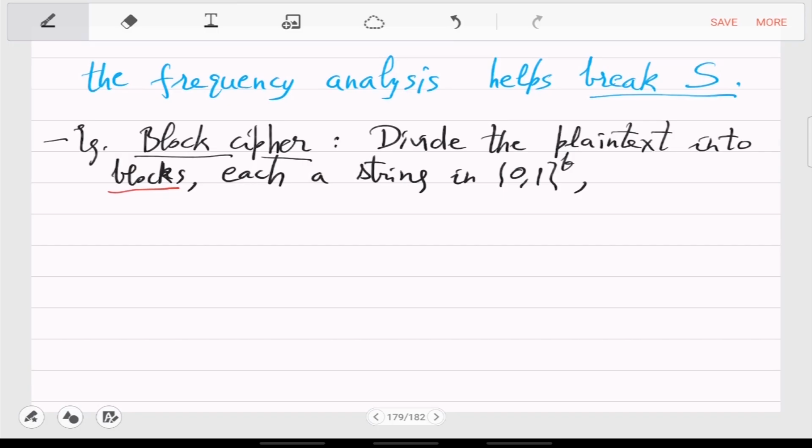So if the message length is n, then there are n by B blocks, and you come up with a complicated map which sends, let's say, the first block to something and the second block to something. So it's again, you can think of it as a permutation, but it's a permutation on long strings, right? And then whatever is the internal structure of the language or the English book, that will be completely lost, as long as B is not 1.